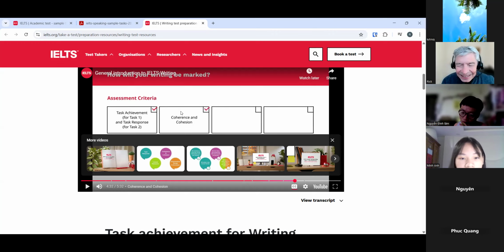In task 1, you are presented with some information, either a graph or a chart or a table or a map. You have to summarize the information for your overview. Your overview is paragraph 2. Does that make sense?